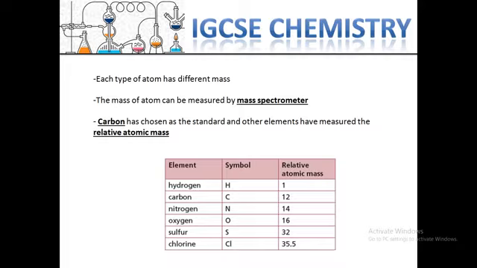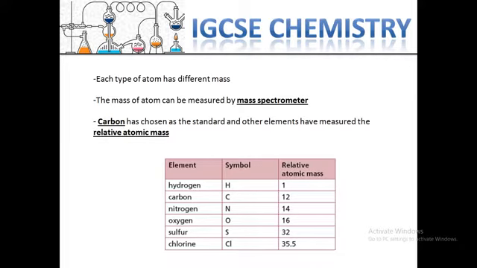So each atom has a different number of protons and electrons. The mass of an atom can be measured by a mass spectrometer. Just keep in your mind: mass spectrometer.